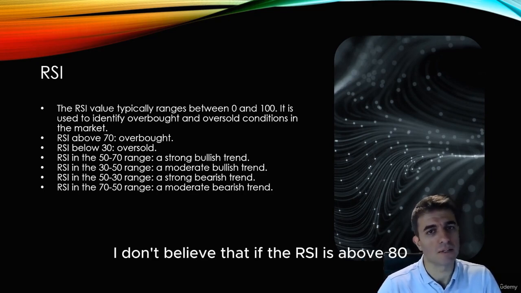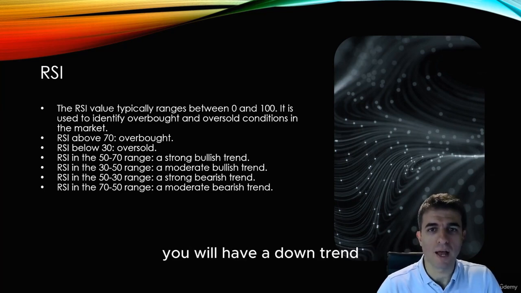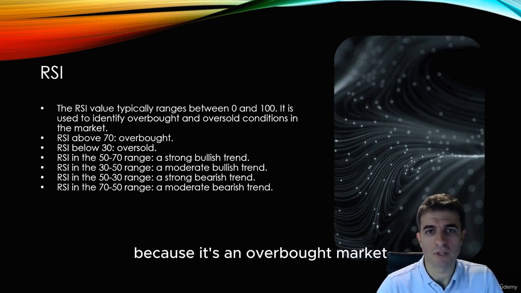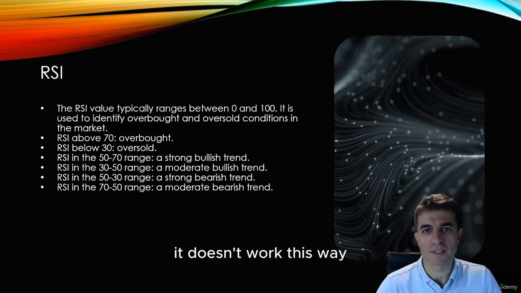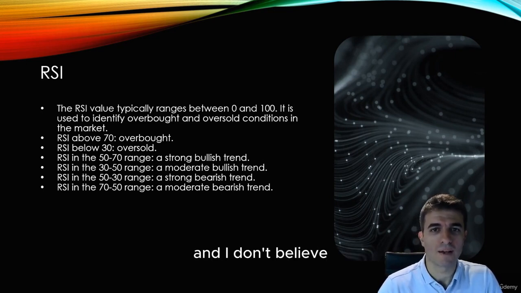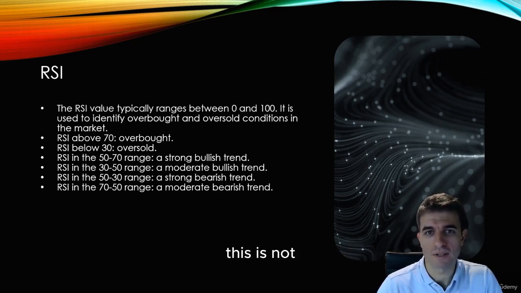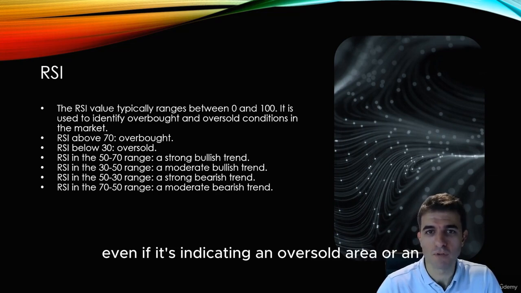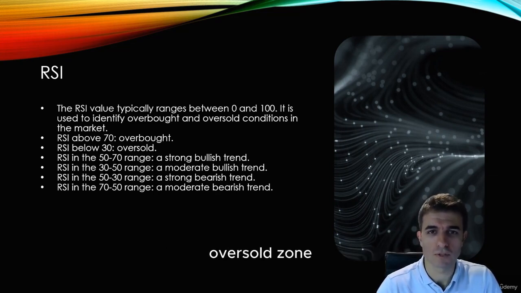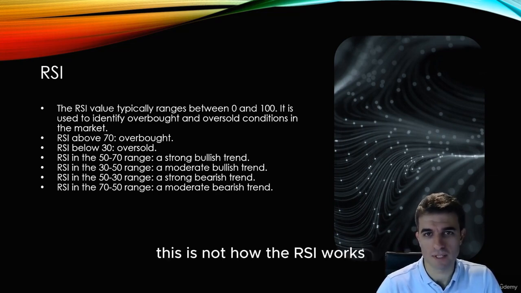I don't believe that if the RSI is above 80, for example, you will have a downtrend because it's an overbought market. It doesn't work this way. And I don't believe, similarly, if the RSI is below 20, that you should buy. Even if it's indicating an oversold zone, this is not how the RSI works.